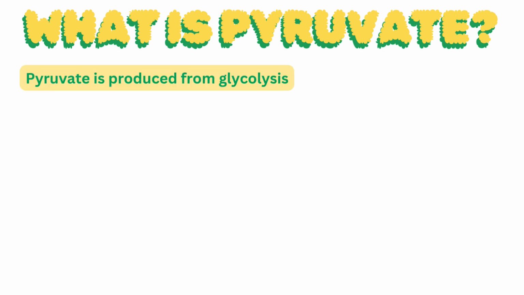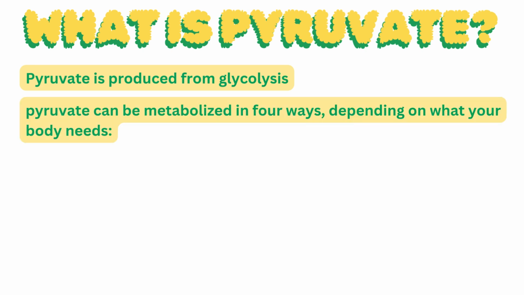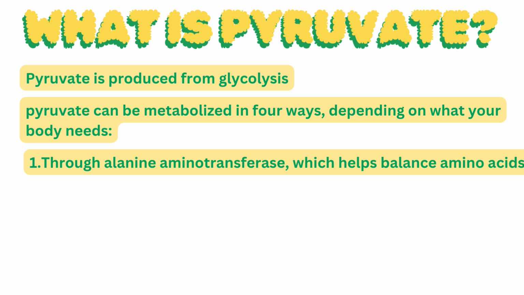Now let's talk about pyruvate, another essential player in metabolism. Pyruvate is mostly produced from glycolysis, the process your body uses to break down glucose for energy. Once produced, pyruvate can be metabolized in four ways, depending on what your body needs. 1. Through alanine aminotransferase, which helps balance amino acids. 2.